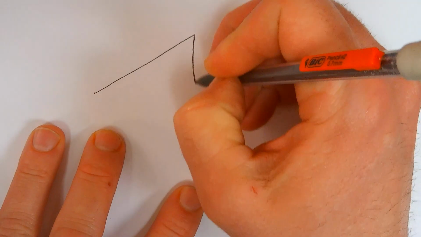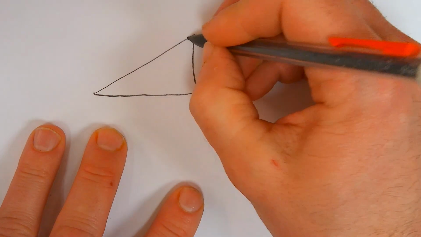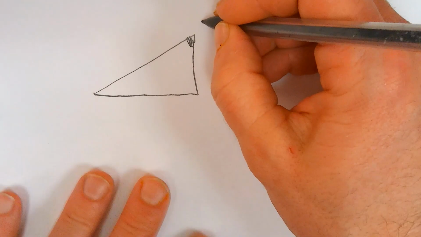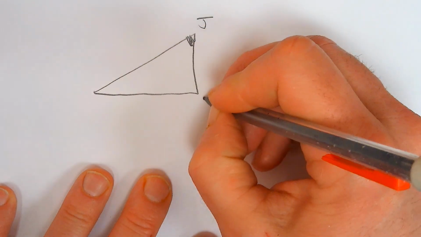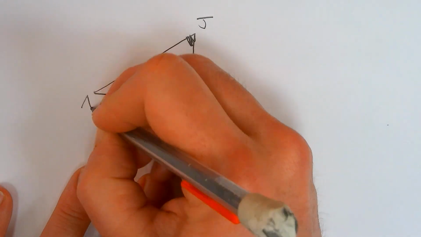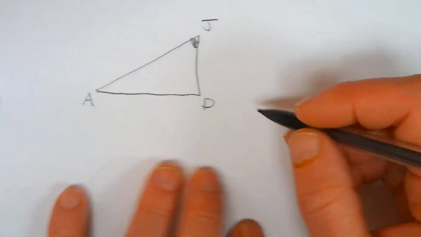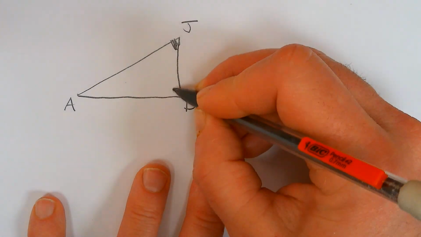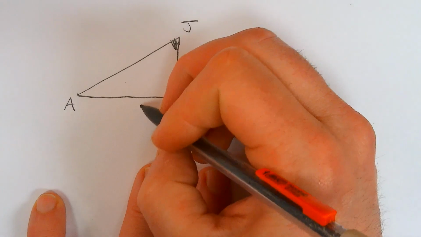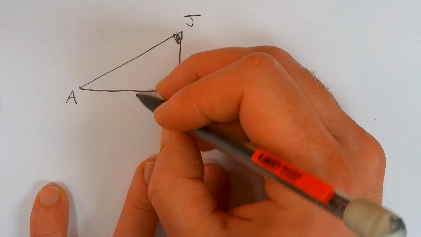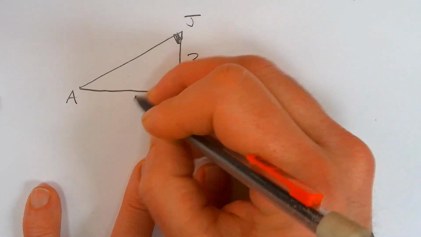Let's do another problem, because on the assignment you're about to do, there's some. Let's use this angle. Let's call it J. We're going to use J as the reference angle. Let's do 3, 4, 5.